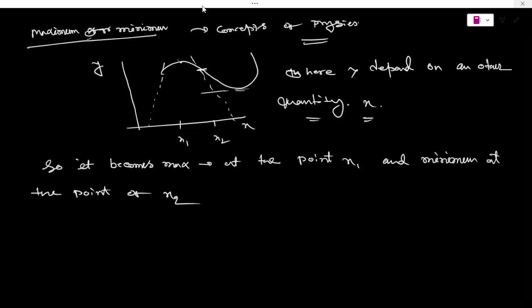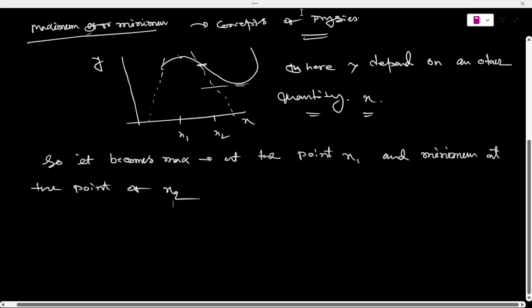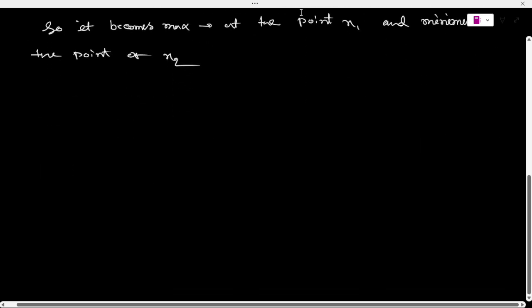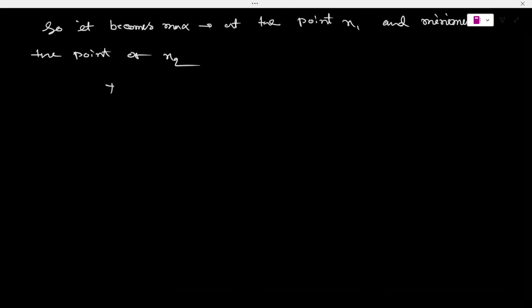So at the point of tangent, the curve is parallel to the x-axis. The tangent to the curve is parallel to the x-axis.